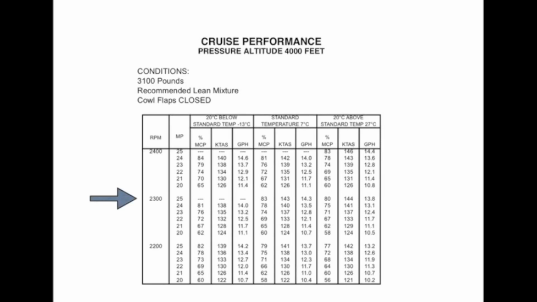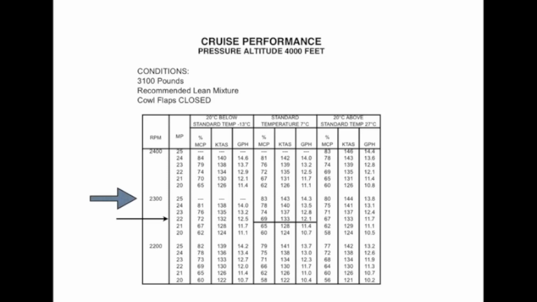We also know that we like to cruise at about 2,300 RPM because that's most comfortable for us in the airplane and creates less noise. And at that RPM setting, we also want to burn approximately 12 gallons per hour, which would produce about 69% power on that aircraft and give us a true airspeed of 133 knots.